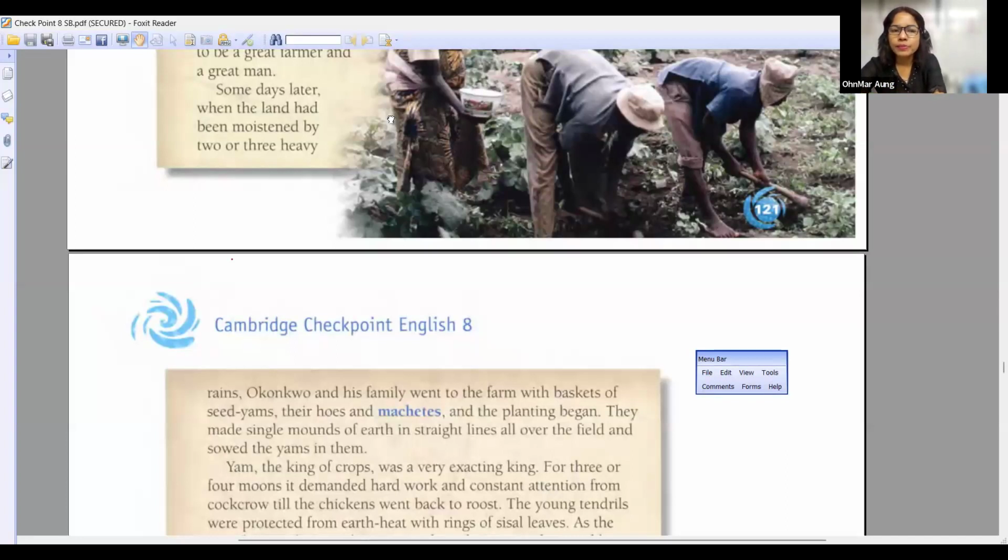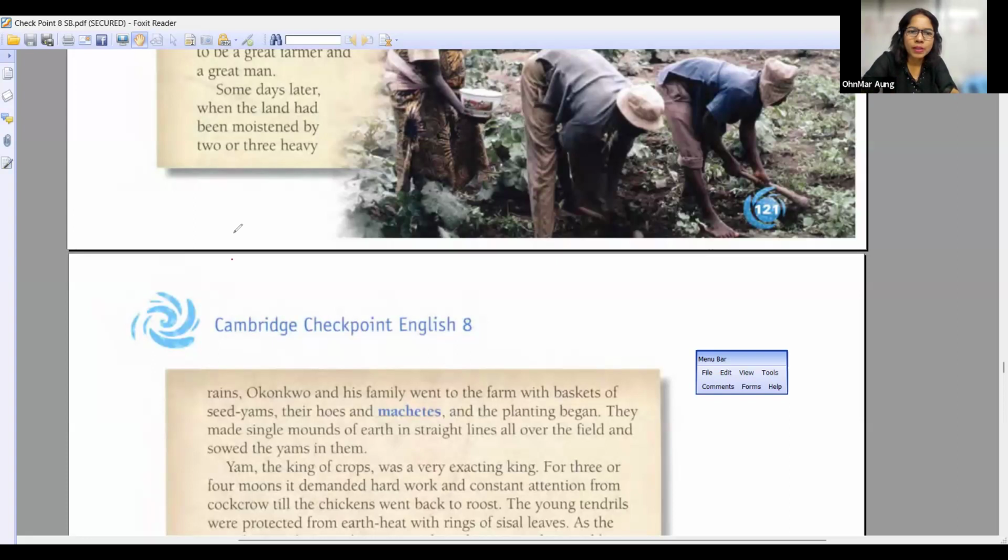After the rain, they prepared to sow the seeds. They took their hoes and machetes, and the planting began. They made single mounds of earth in straight lines all over the field and sowed the yams in them.